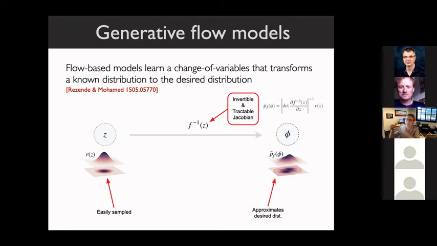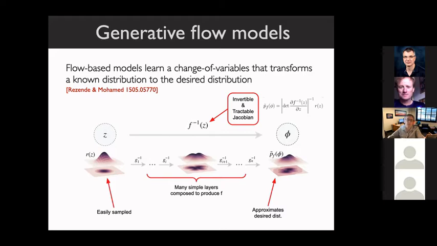And then if you can learn this change of variables in a way that's invertible and has a tractable Jacobian, so you know how the probability density flows, then you've solved your sampling problem. You can take samples from the easy distribution and put them into your function and out come samples from the complicated distribution that you're trying to sample. So you can show that this can be done with an invertible model with a tractable Jacobian by composing many simple transformations to produce a very general function.